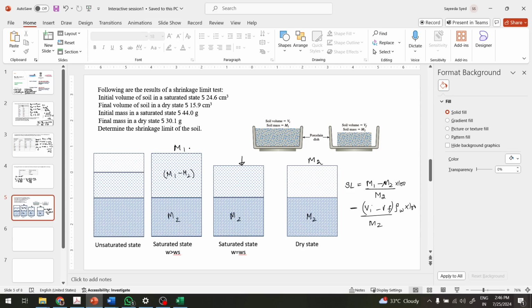So this is V1 and this is V2. Okay, initial volume of soil in saturated state V1, final volume in dry state V2, initial mass in saturated state is M1, final mass in dry state is M2.